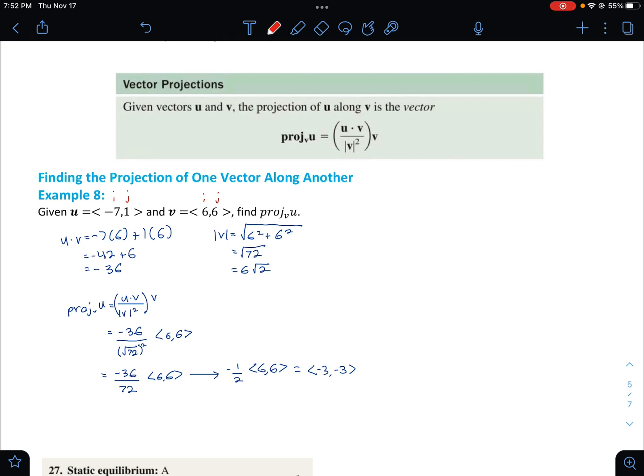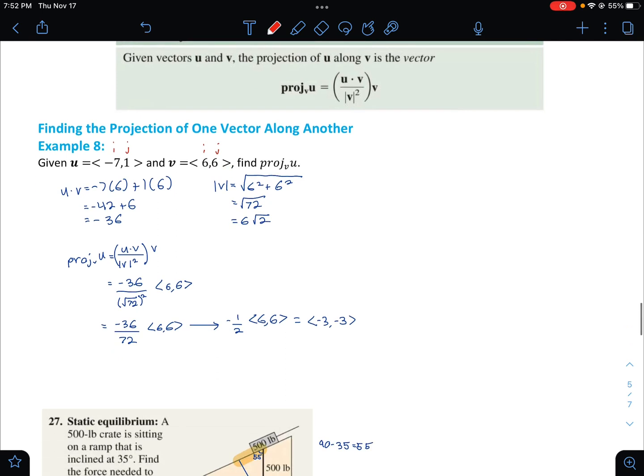And then we have V. V by itself, V is just this up here, so we also plug it in right down there. And then simplified through that, we get 36 over 72, which is found right here. And simplified even further, that makes it 1/2. So 1/2 times 6, 6 will get you this answer right here, which is negative 3, negative 3.